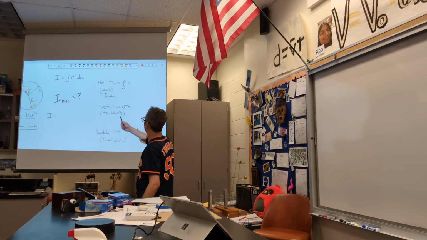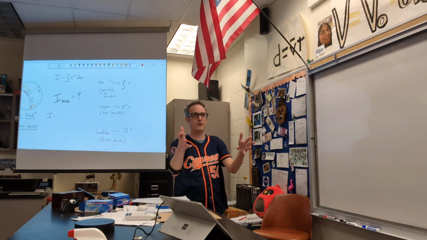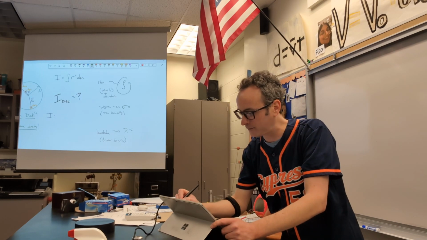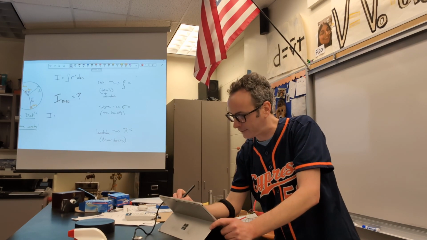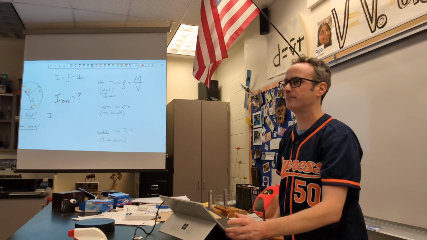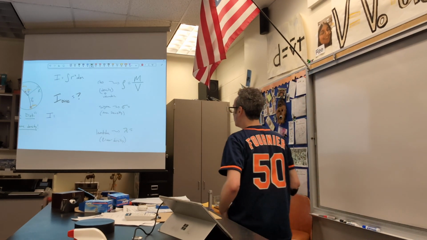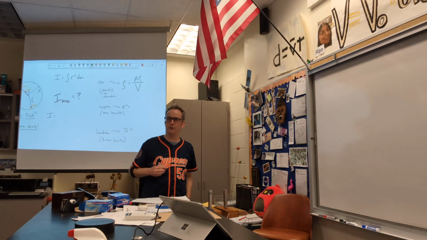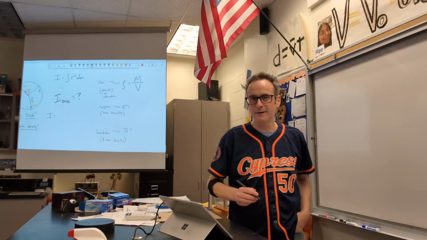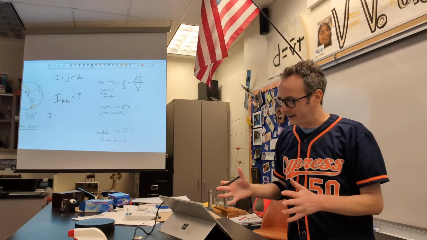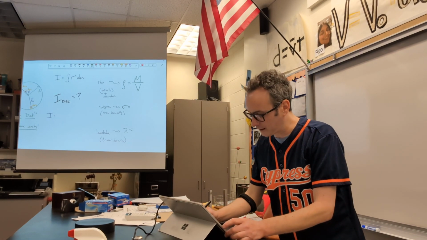One of them is volumetric density. We did that with the planet and things like that. We generally use rho, the Greek symbol, for volumetric density, and that's the total mass over the total volume. We've also seen, for the moment of inertia of a rod, we use lambda.